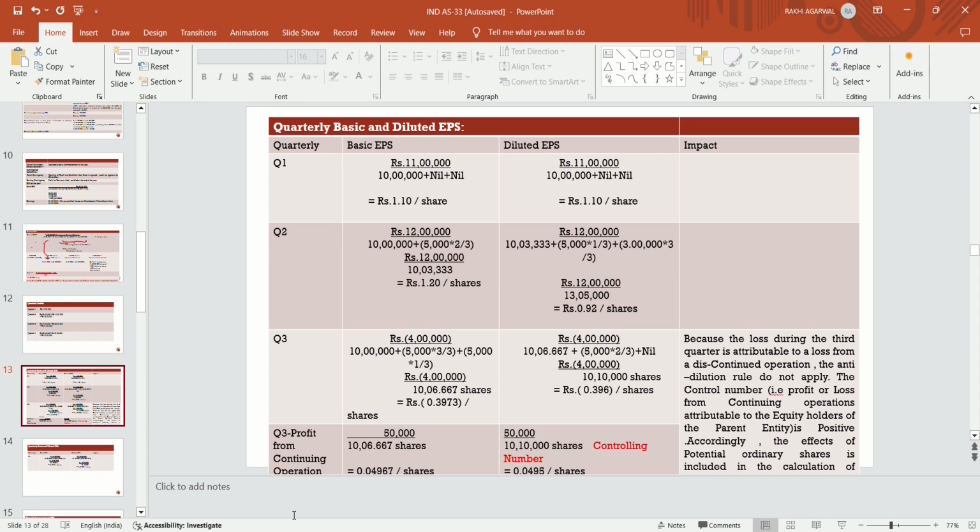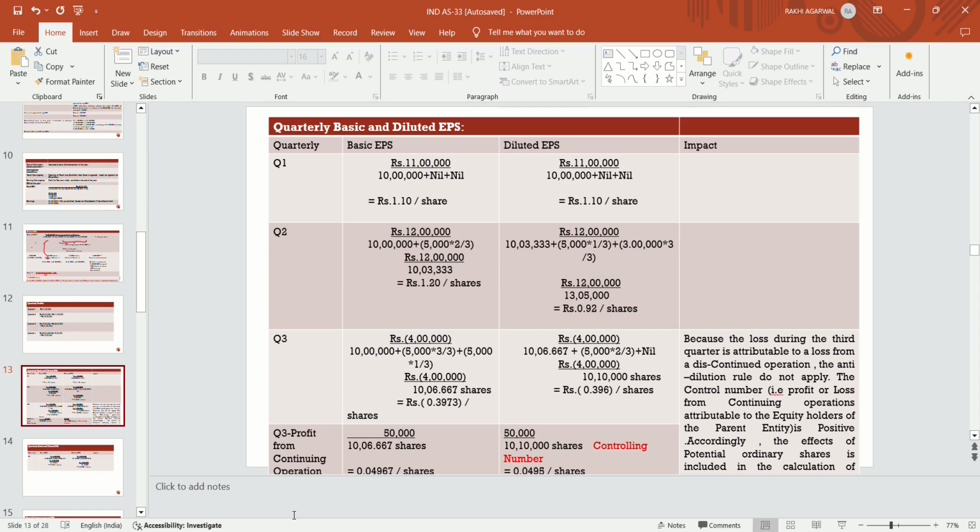So 5,000 into 2 divided by 3, plus there is no earning contingencies. So it becomes a loss of 4 lakh divided by 10 lakh 10,000 shares. So it becomes rupees 0.396 in loss per share.